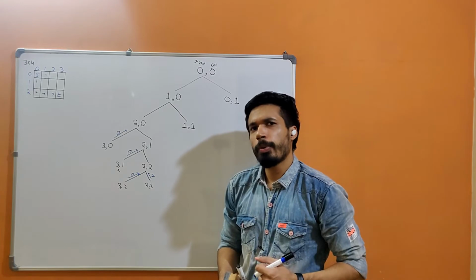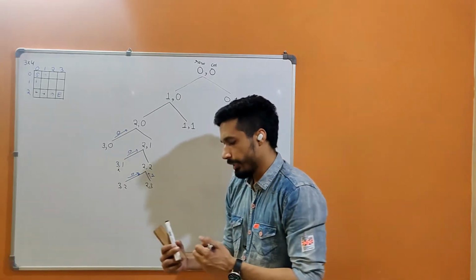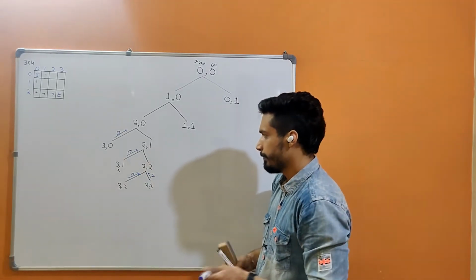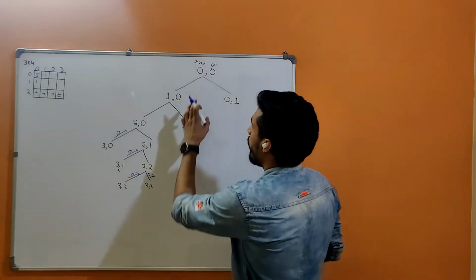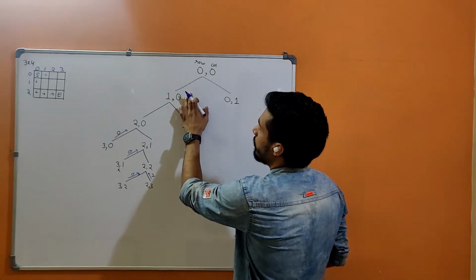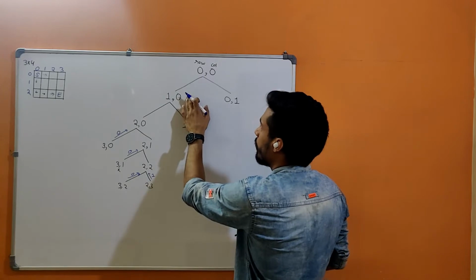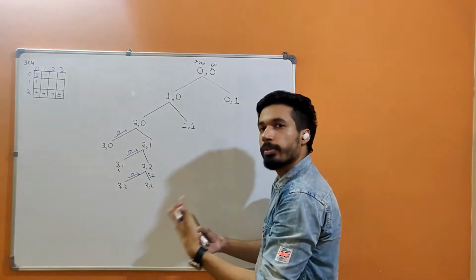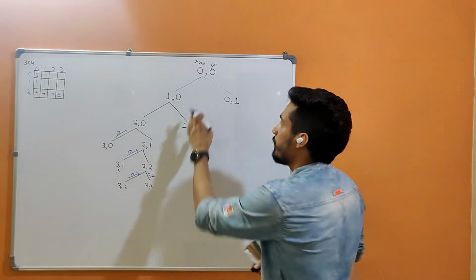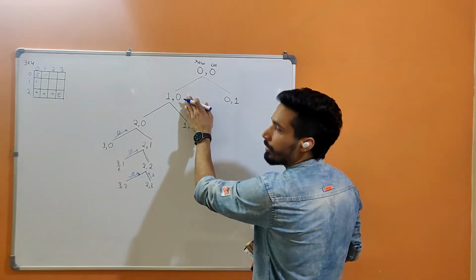But there's also one important thing that you need to understand at this position. Every time you go towards the down, you're trying to find all the possible unique paths that can be found when you go down.